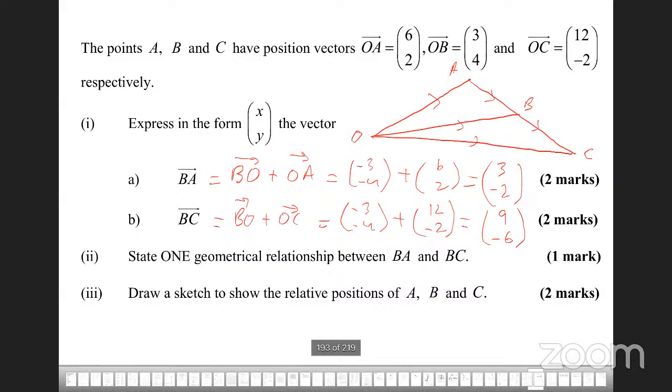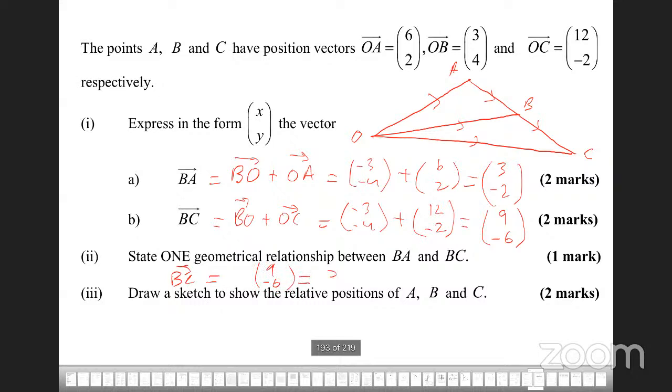What is the relationship between BA and BC? Well, let's check it and see. Start with the bigger one, start with BC. BC is equal to 9, -6.